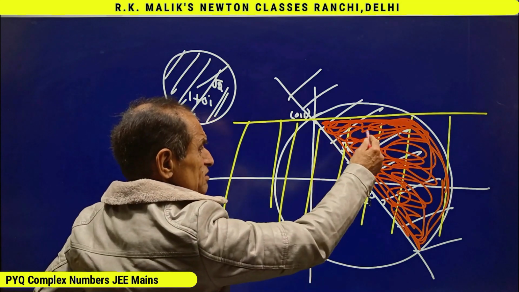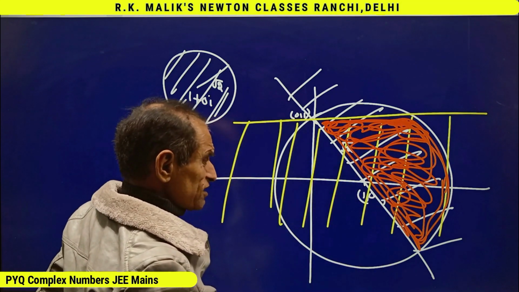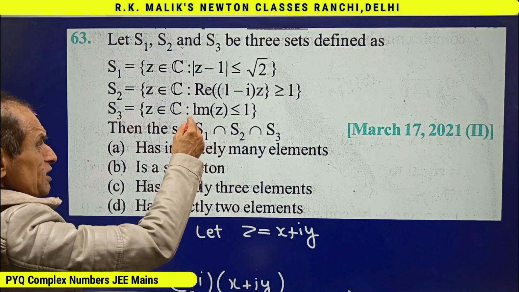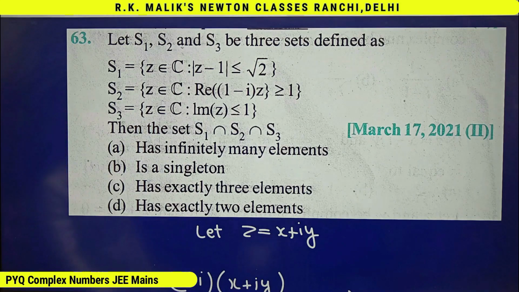That is, the complex numbers lying in this common shaded region will belong to the set S1 intersection S2 intersection S3. Hence we conclude that A is the correct choice.